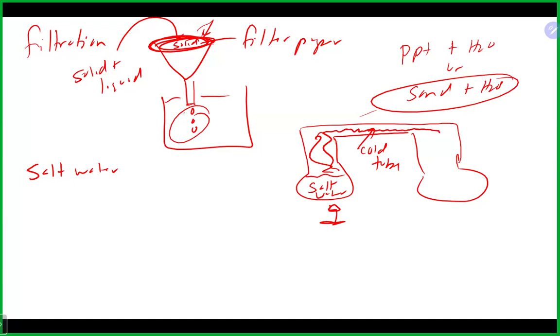And now, once it goes through this really cold tube, it will go through condensation, and that liquid water will come back over here to the other side. If you continue this process, you will basically evaporate off all the water. You'll be left with just the salt residue on one side and basically the water part on the other side. So even something like salt water, which when you look at it, looks completely like one substance, nothing else in there, you definitely can get back both parts through this process of distillation.